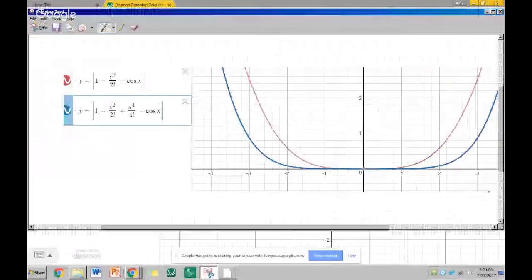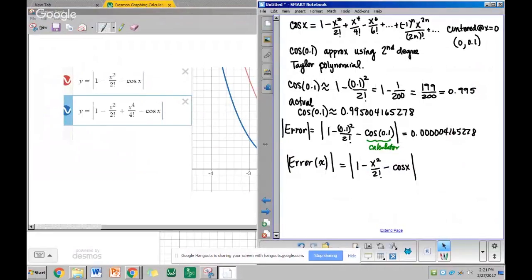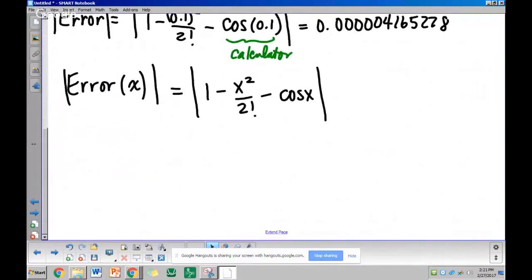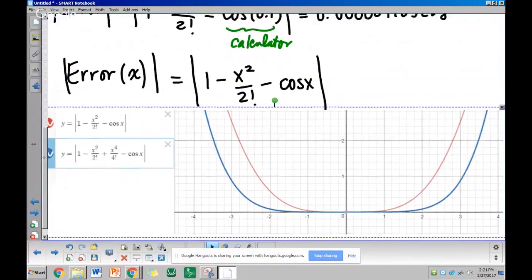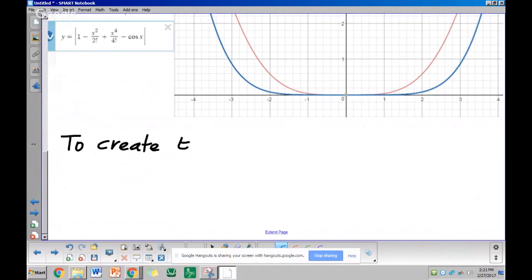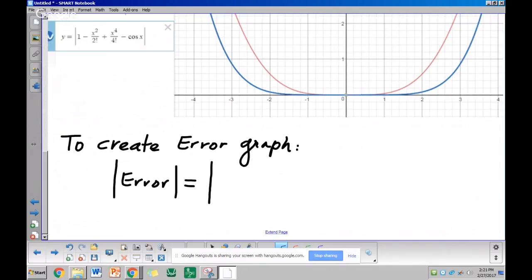You get the Taylor polynomial. So to create the error graph, the absolute error is going to be equal to the absolute value of the Taylor polynomial.